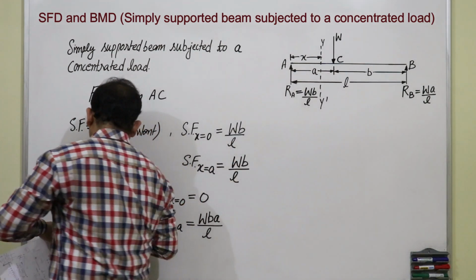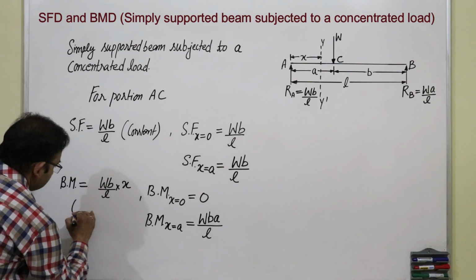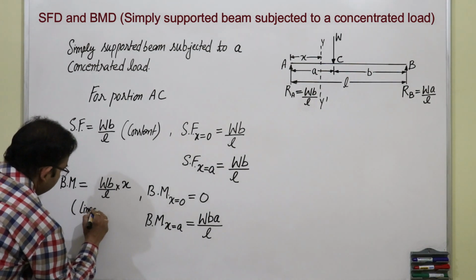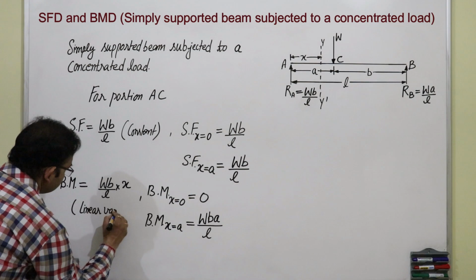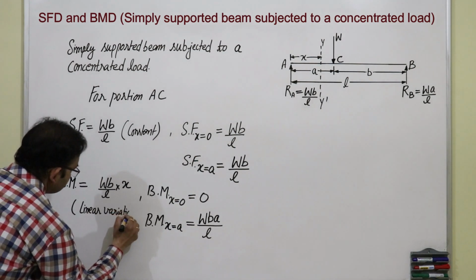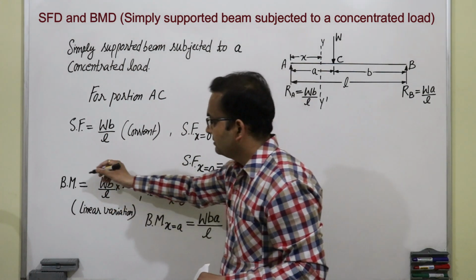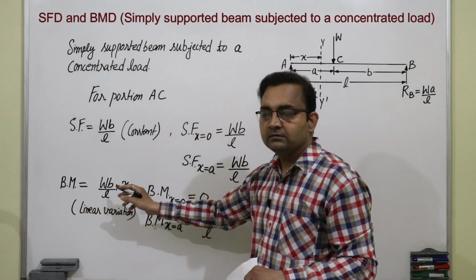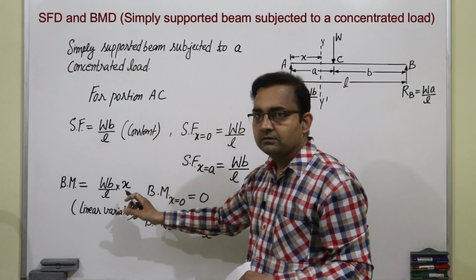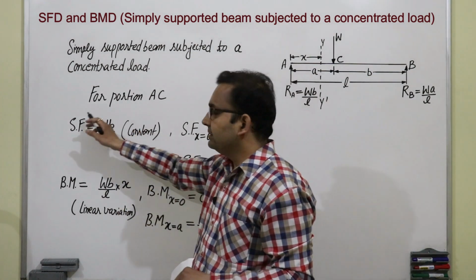So, this is a linear equation, a linear variation. Bending moment has linear variation; we can see from this equation it is x, so it is linear, and shear force is constant.